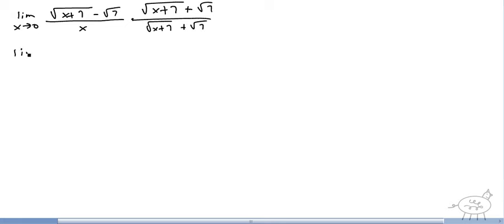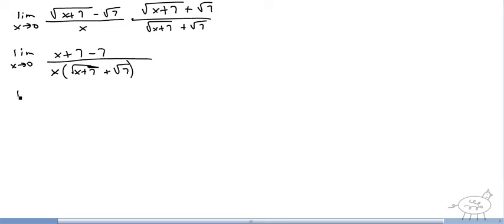So I get the limit as x approaches 0. If I FOIL it, I get x plus 7. Outside and inside cancel, and then it's minus 7. And on the bottom, even though it's tempting to distribute that, I'm not going to do that. So it's x times the radical x plus 7 plus radical 7.